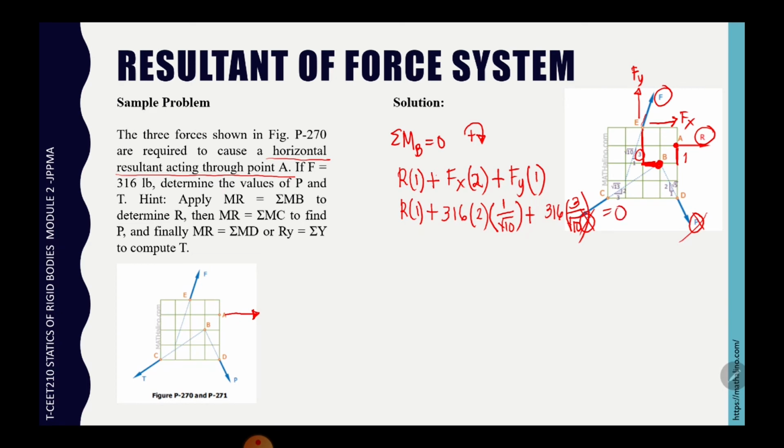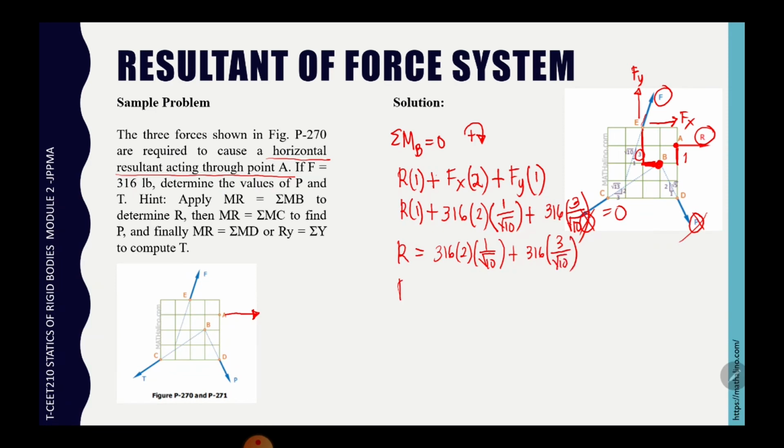So, si R1, natin is R is equal to 316 times 2 times 1 over square root of 10 plus 316 times 3 over square root of 10.